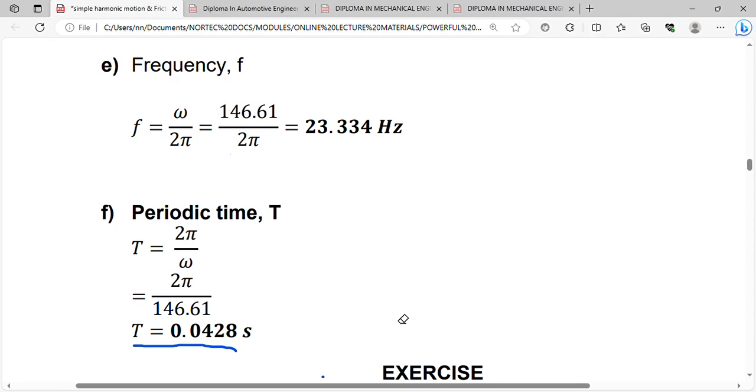Of course, you can see that 2 pi is 6 point something, so if you divide by 146.61, the number you should get is supposed to be less than 1. And there we are. The answer is T equals 0.0428 seconds. That is our periodic time in seconds.